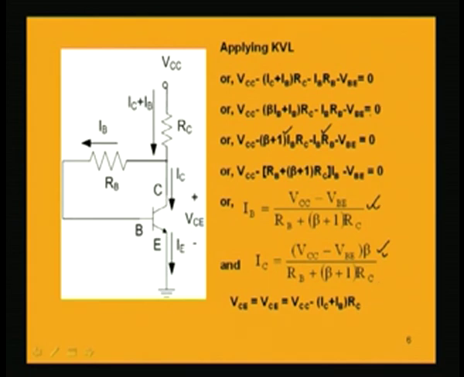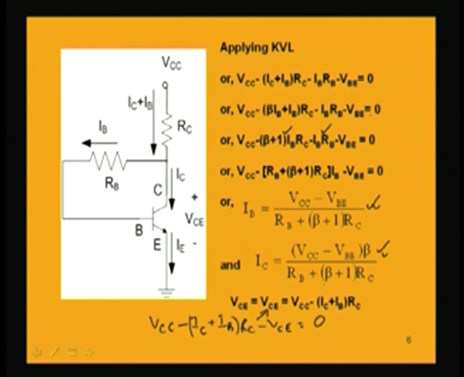That is Kirchhoff's voltage law in this output circuit. So, from here I can find out VCE. VCE is equal to VCC minus (IC plus IB) into RC.